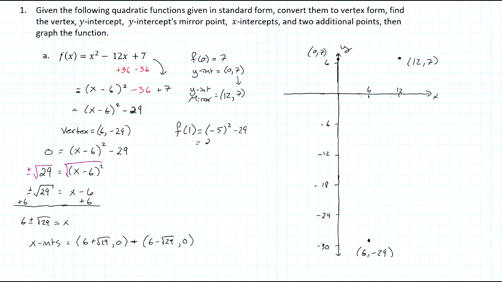So it'd be 25 minus 29 equals negative 4. So 1 is going by 2, so 1 and then negative 4 is there. And then this is going to reflect over that axis of symmetry. 2 over here, this is 11, comma negative 4.